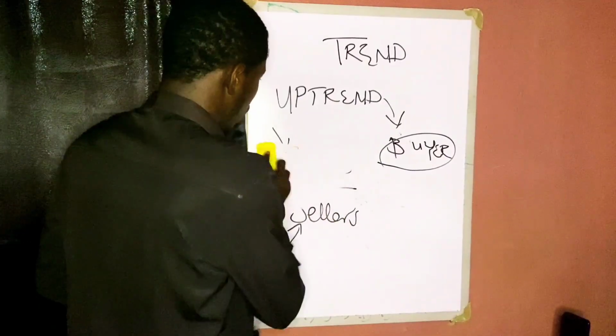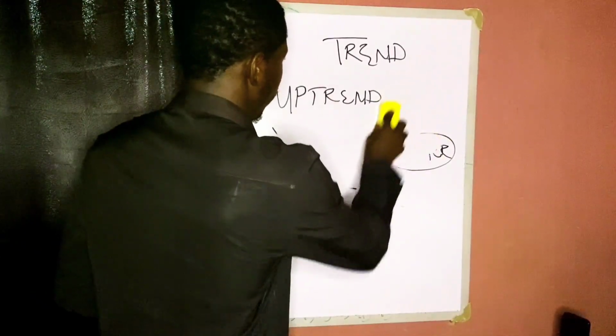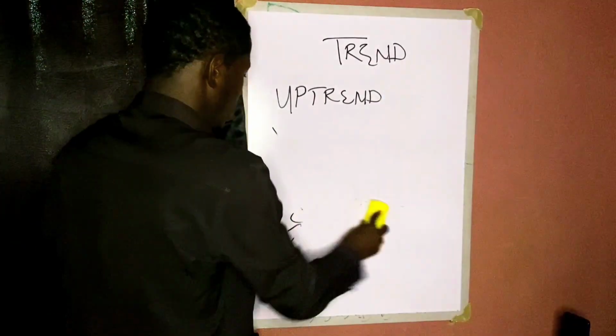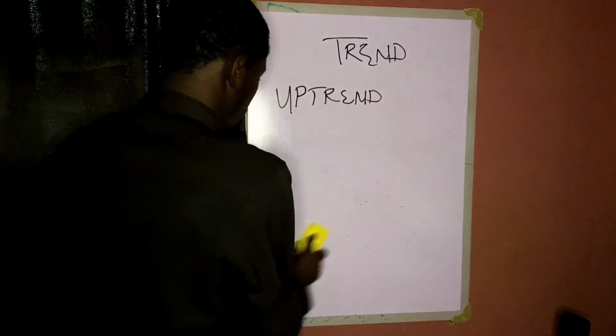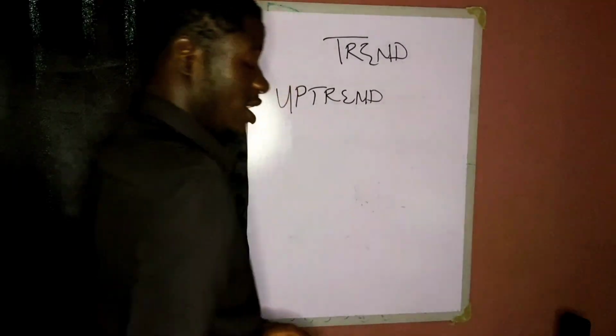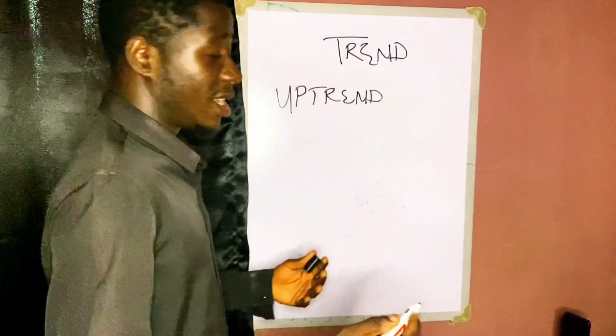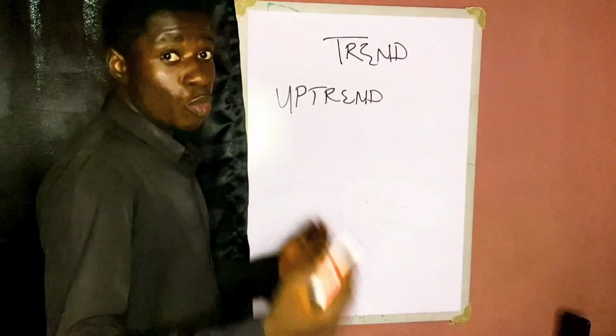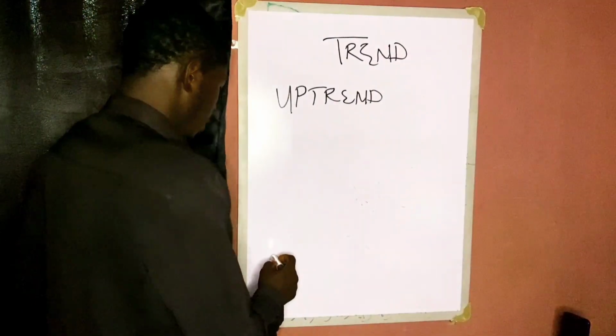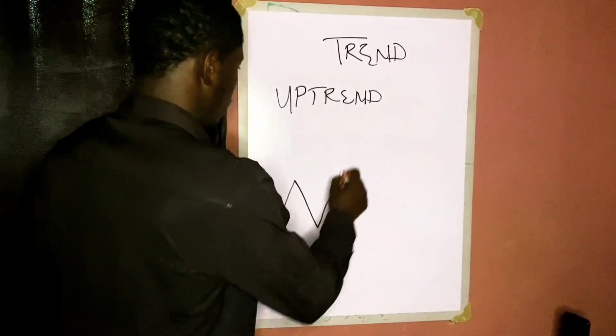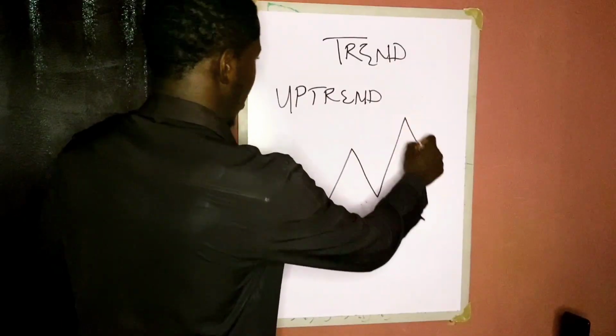So now let's talk about an uptrend. For an uptrend, what we want to see is the market trading up, and if the market is trading up, there's a certain pattern that the market moves in. For an uptrend, the market moves up like this.